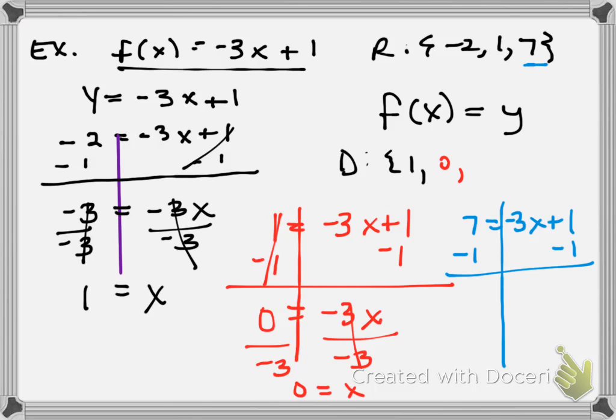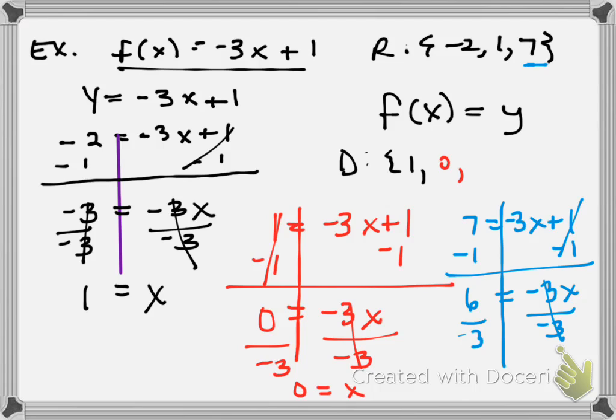What does that leave me with? 6 equals -3x. That cancels out there. And what do I do now? Divide both sides by -3.